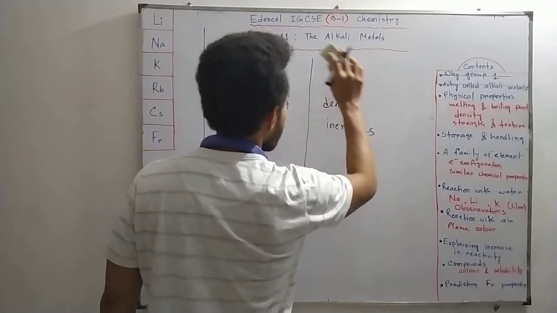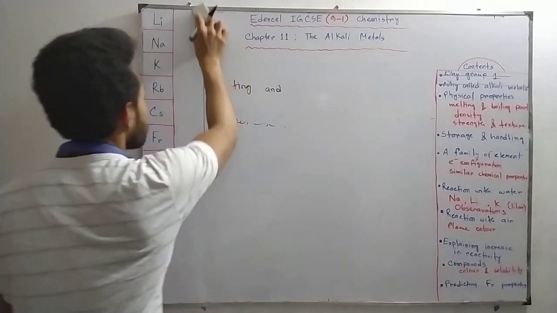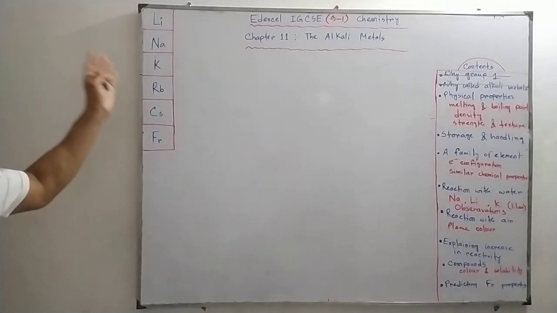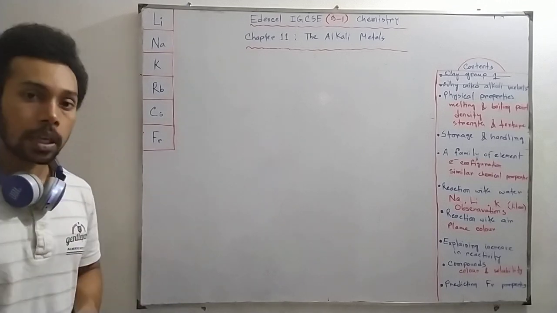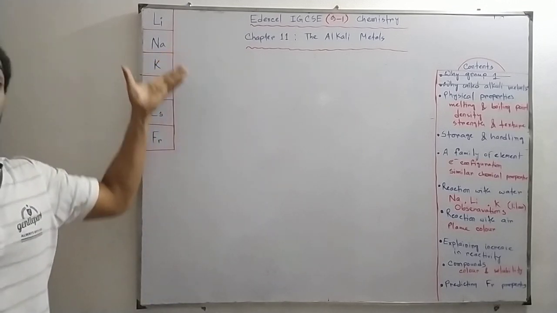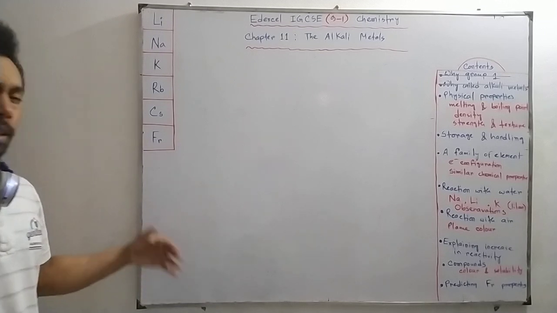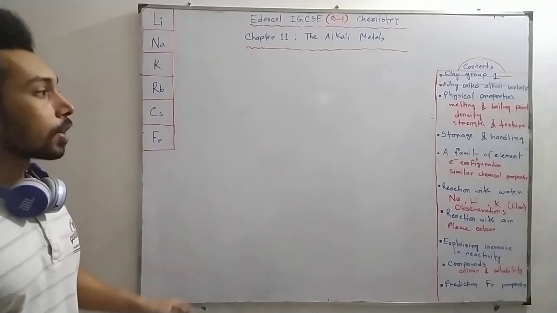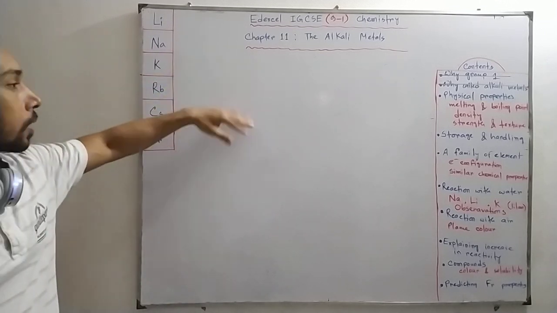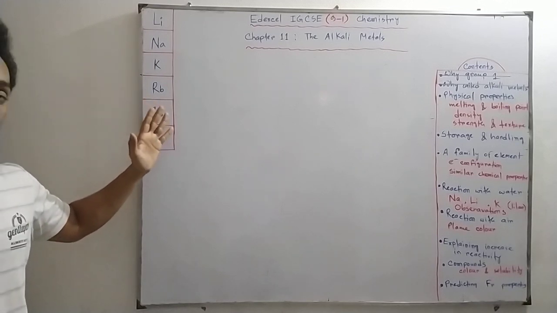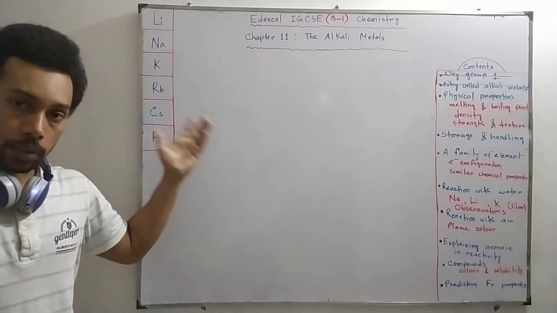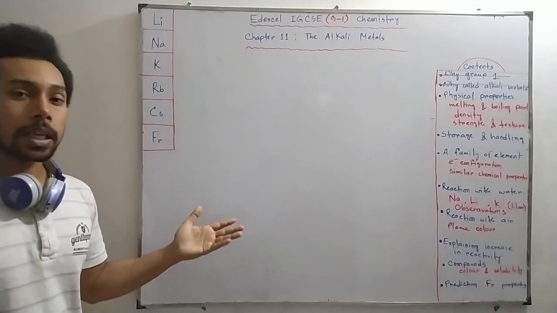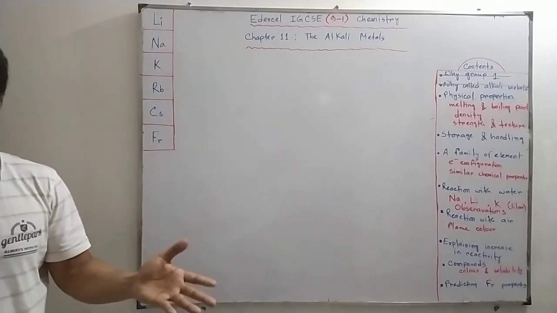Now strength and texture. All group 1 metals are soft and become softer as you go down the group. There's a reason behind this, which we'll be discussing. How soft are they? They can easily be cut with a knife, like soap.